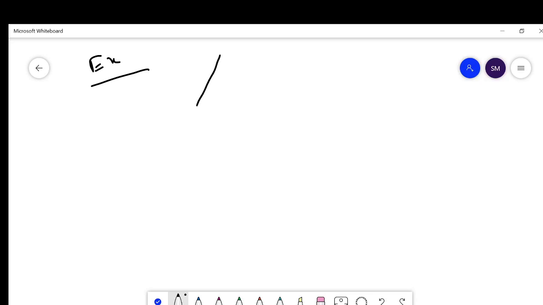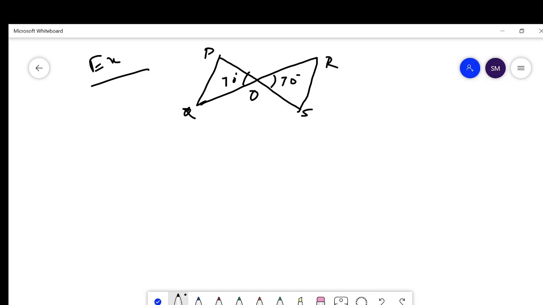Then another question. Here the question says, look at the figure carefully. Here P, Q, O, S, R. This angle is 70 degrees and this angle is 70 degrees, and this side is 3.5 and this side is 3.5.